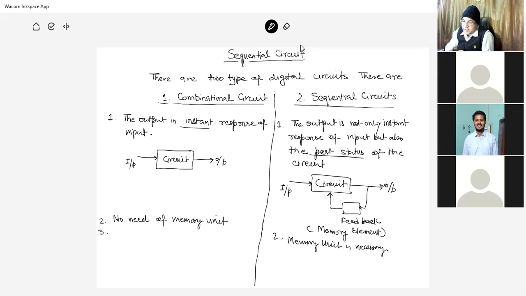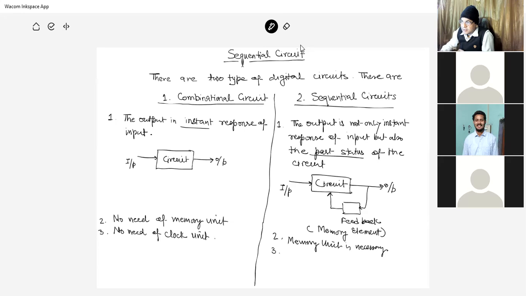Third and important is no need of clock unit. No need of clock unit.